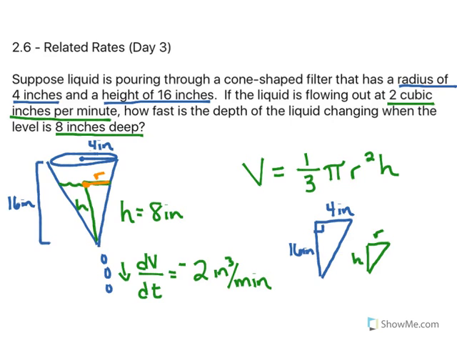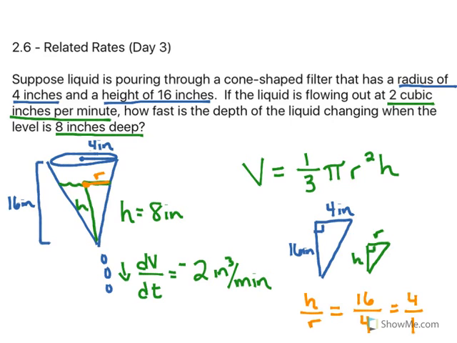So because these two triangles are similar to one another, we're going to write a proportion. Okay? So our proportion will be this. The height of one in comparison to the radius of the other. So the height of the blue one is 16, the radius is 4. Okay? So h divided by r is equal to 16 over 4, or just 4 over 1.